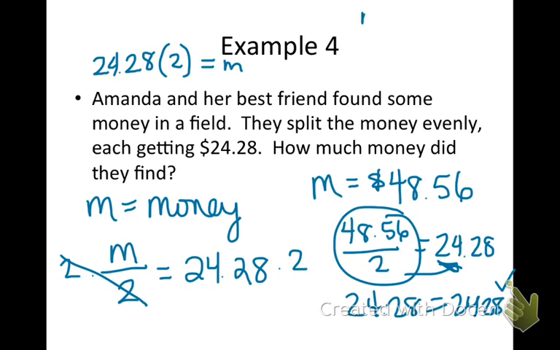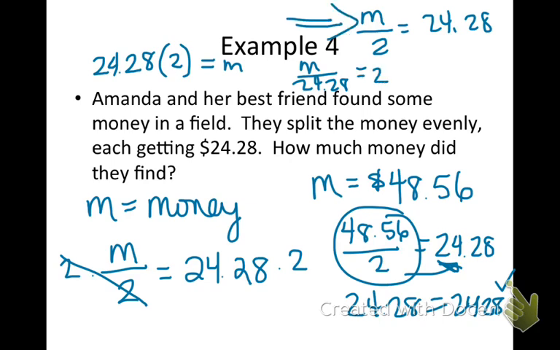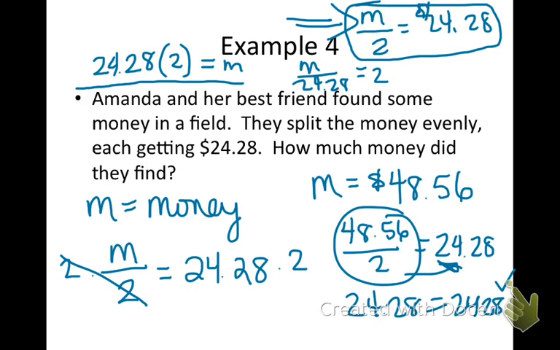So we could take M divided by 2 to equal the 24.28, or we could take M divided by 24.28 to equal the 2, and this one happens to make a little more sense in context of the problem, since this is the money that they got when they split it by 2. So this could be a way that you rearrange or write your equation. Maybe write it out as a fact problem, and then rearrange it to get the equation you need, because that's a very important step.